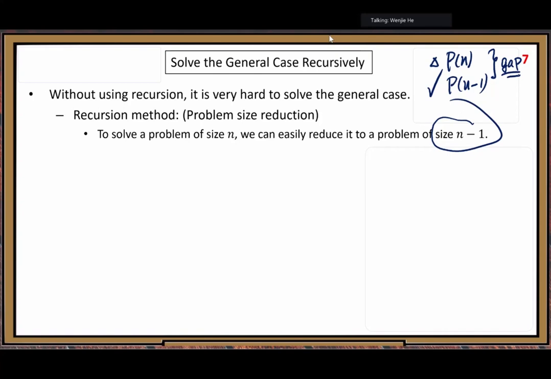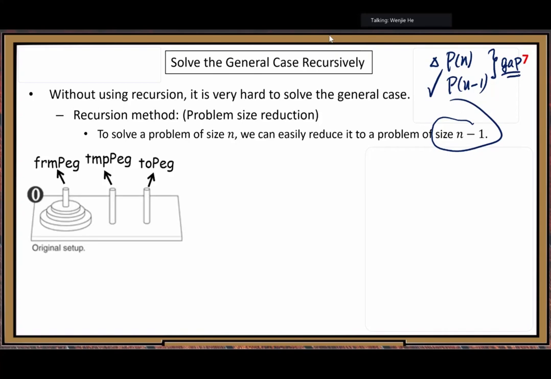So we need to do the work on paper. This time we still use part of the diagrams we used before. Although you see 3 disks, we just imagine we have n disks on the starting peg. So this whole stack contains n disks.